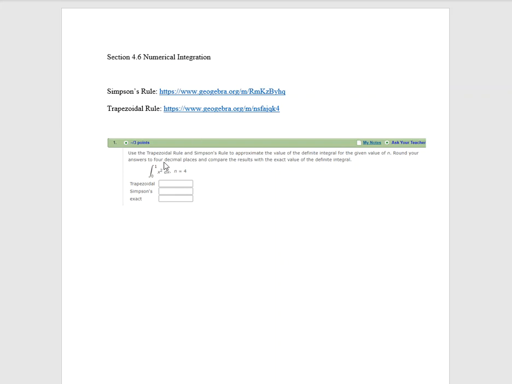So section 4.6, numerical integration, we're going to do this the easy way. We talked about how when we're estimating area under a curve, we could use rectangles, and we might use upper limits or lower.